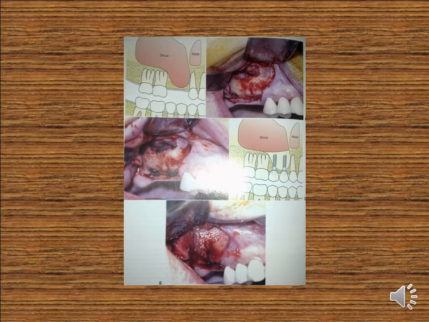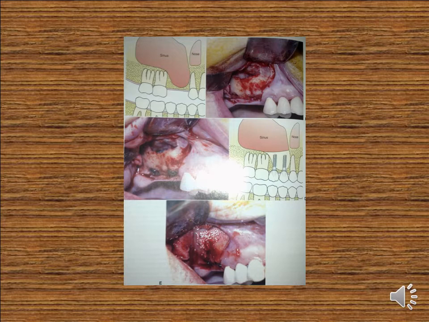In this figure you can see the first molar missing for a long period, and the maxillary sinus floor has gone downward between the fifth and the seventh teeth, so we cannot have space to put an implant.